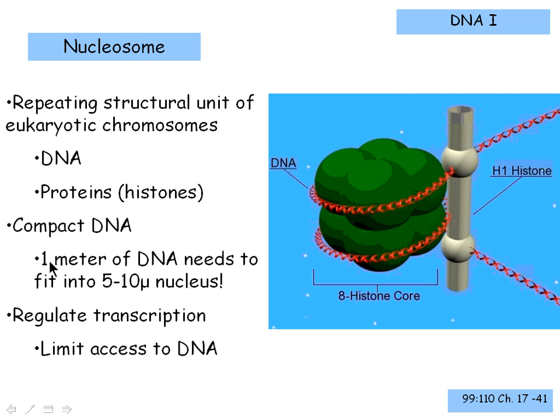Now, the compaction of the DNA also regulates transcription. As I said, the more access we have to the DNA, the more likely it is to be transcribed. So as you can probably imagine, the DNA that's wrapped around the histone proteins is less accessible to protein binding than the DNA that's just freely hanging around.